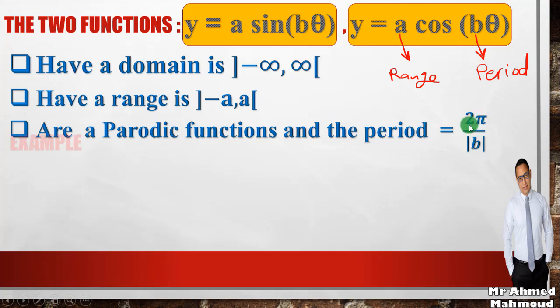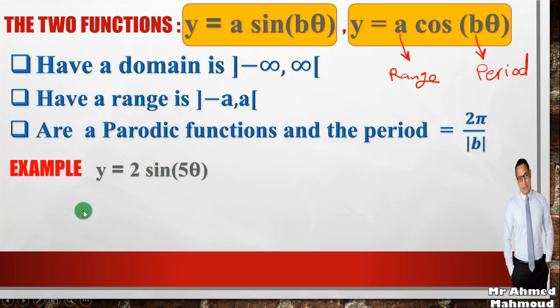Now let's study this example. If the function y equals 2 sine 5 theta, the domain is negative infinity to infinity, it's forever. The range is from negative 2 to 2.